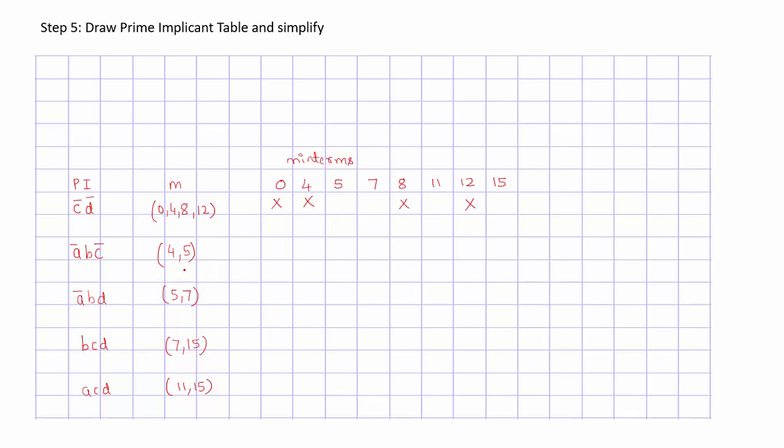So next prime implicant was 4, 5. Next 5, 7. Next 7, 15. Next prime implicant will be 11, 15.